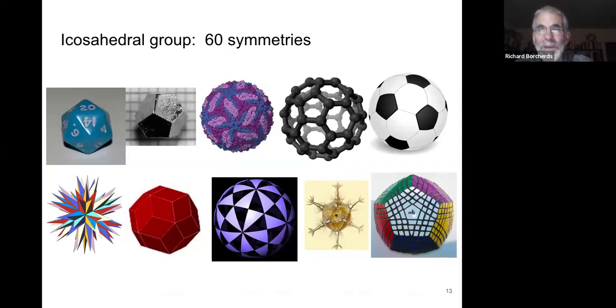So what do the simple groups look like? Well, here's some pictures illustrating the easiest non-cyclic simple group. This is the icosahedral group, which has 60 symmetries. And what I've done here is collect a collection of common objects, all of which have the icosahedral group as their symmetry group.